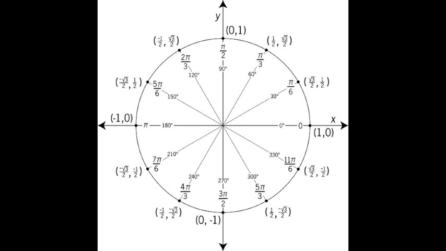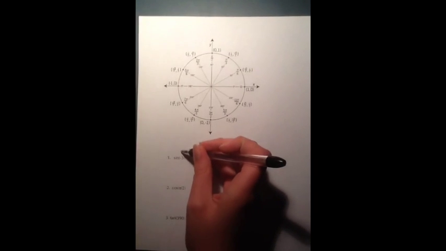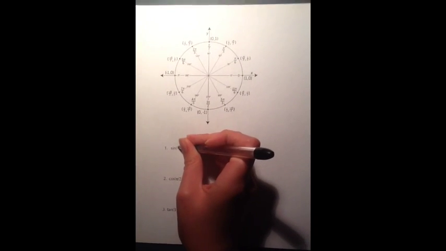I'll show you 2 ways to solve an exact value problem. One of them uses the unit circle. Determine where the radians-degree is on the unit circle and find the corresponding coordinates. Sine is y, cosine is x, and tangent is sine over cosine. So for number 1, we have a negative number.